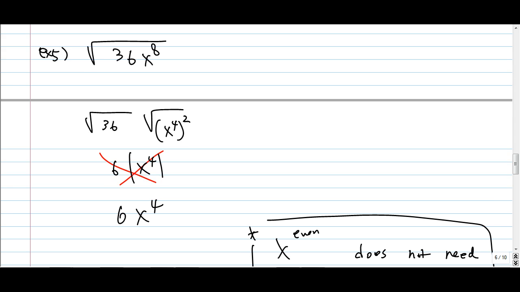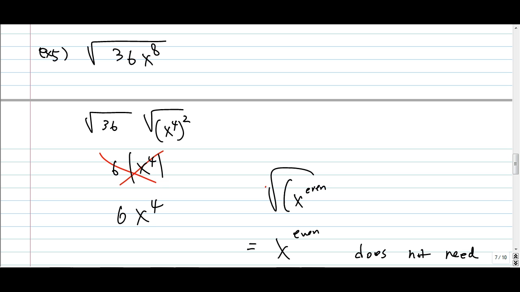Now, a lot of you are asking, so write this down. When you have x to an even power after you do all this, this is after taking the square root of some x to some power n, and then it comes out to be some x to the even power after you simplify. So I could even do this. This is better: x to some even power, to the 2nd power.